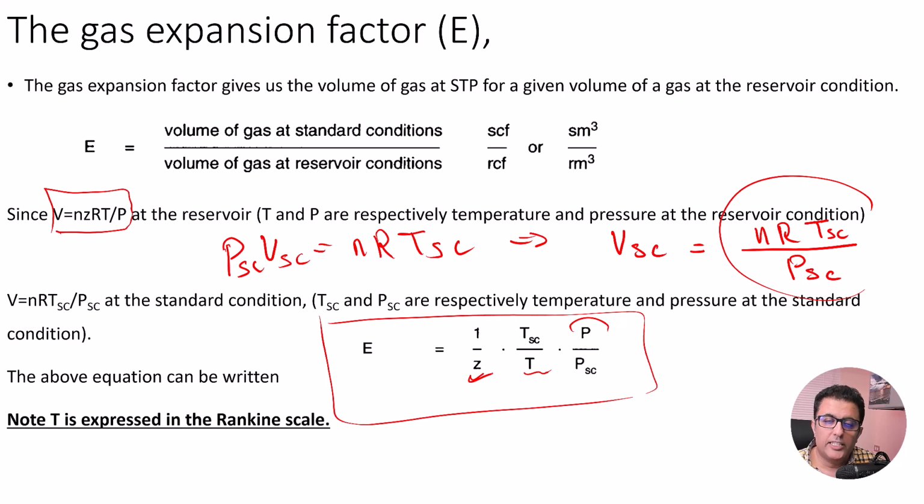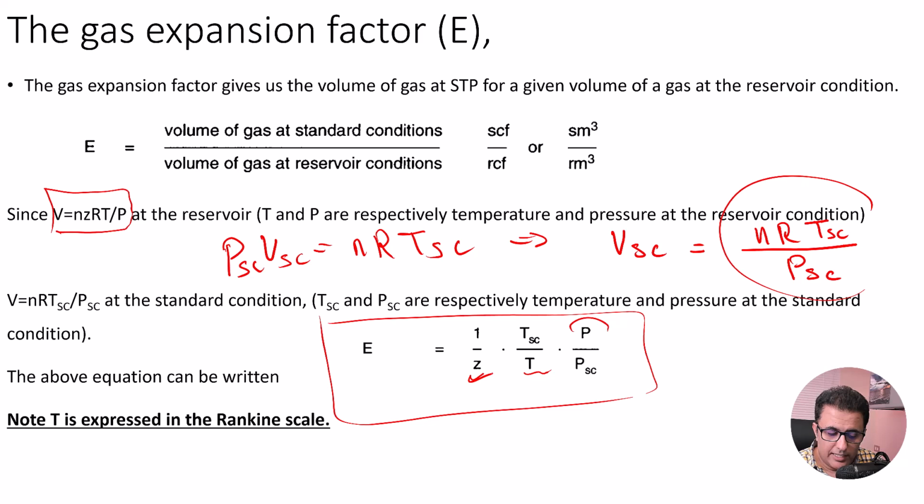Here P and T correspond to the temperature and pressure at the reservoir. Z is the Z factor of the reservoir, and as I mentioned, T_SC and P_SC are standard temperature and pressure.